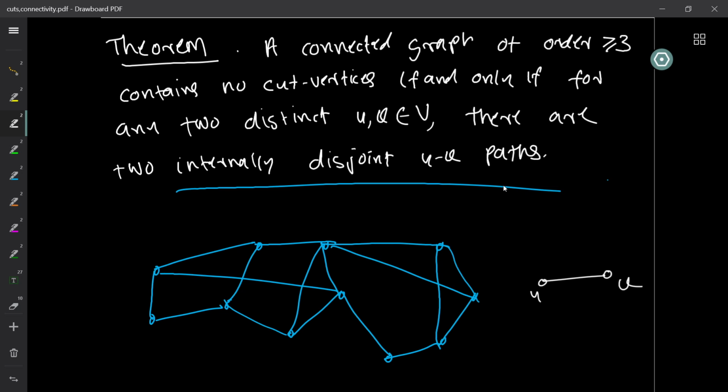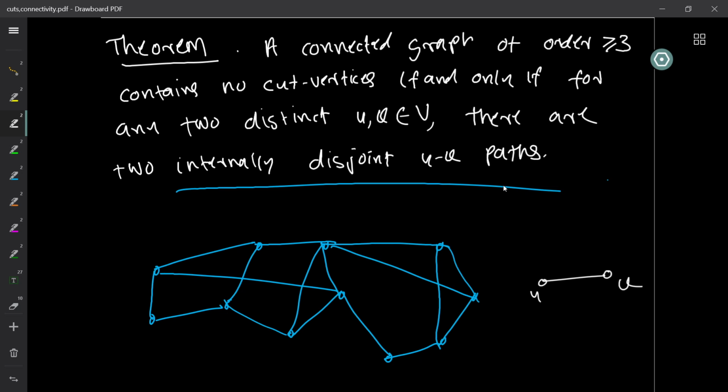So we have a connected graph of order at least 3 and no cut vertices. Let u and v be any two vertices and you pick up the edge uv. This edge cannot be a cut edge. And if an edge is not a cut edge, then we have already proved earlier that it belongs to some cycle of the graph.